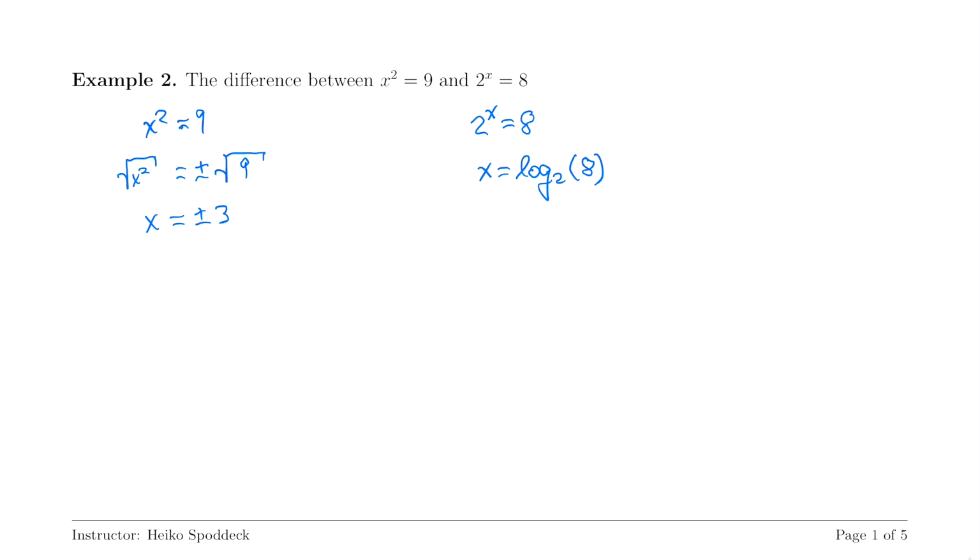Because I can rewrite my equation as 2 to the x equals 2 to the third power, I know from here that the logarithm has to be 3.